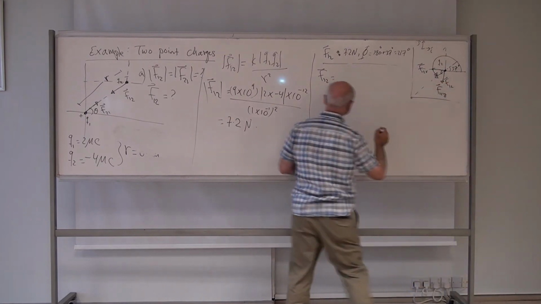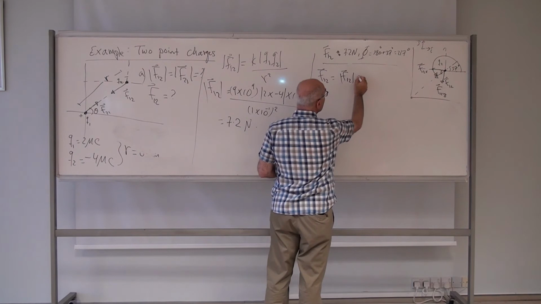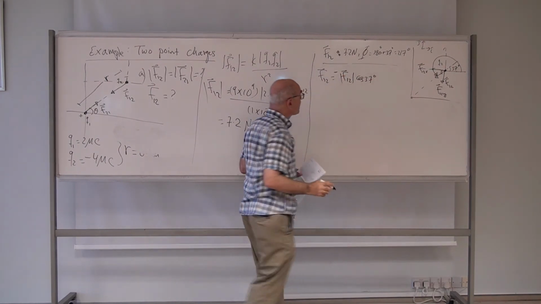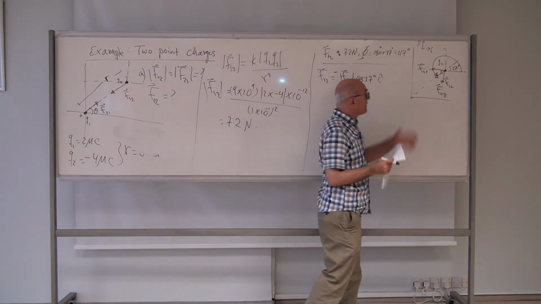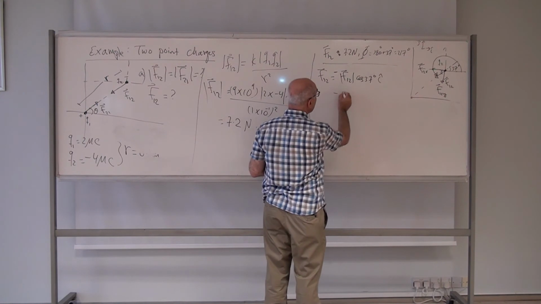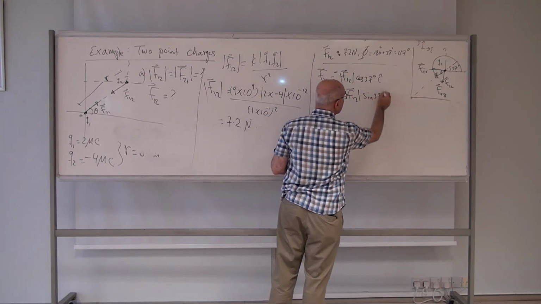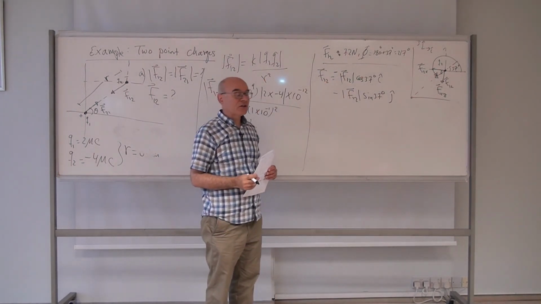So F12 is F12 modulus cosine 37 degrees, and I put a minus sign here along i hat because it is pointing along the negative i hat direction, and minus F12 sine 37 degrees, and it is pointing along the negative j direction.